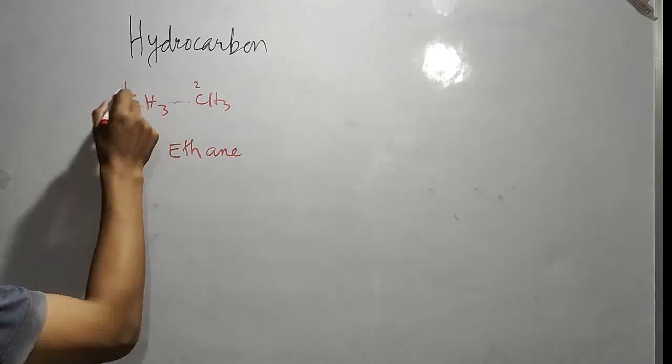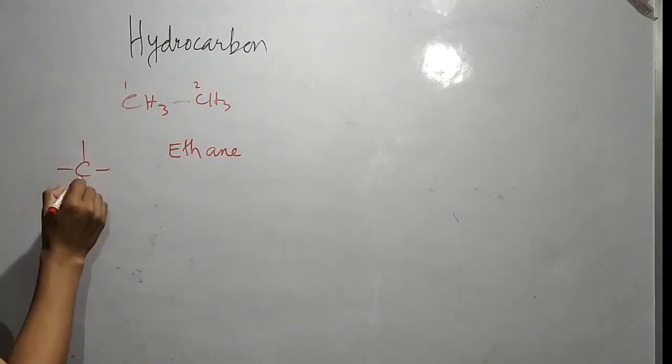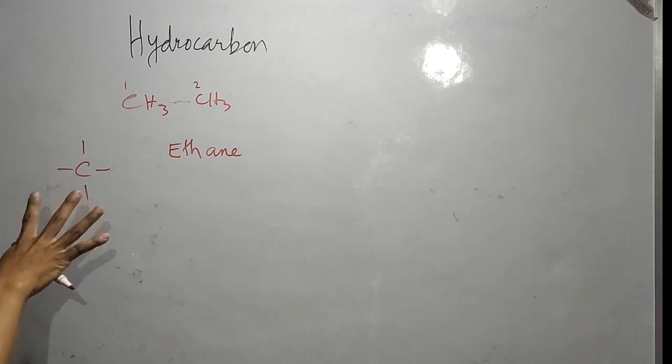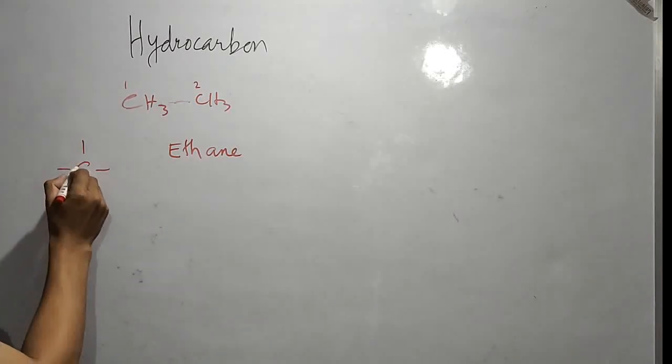Now before moving on, you might be confused how this one is CH3. See, the carbon atom is tetravalent. Tetravalent means it has 4 electrons in the outermost shell, and it can form 4 bonds.